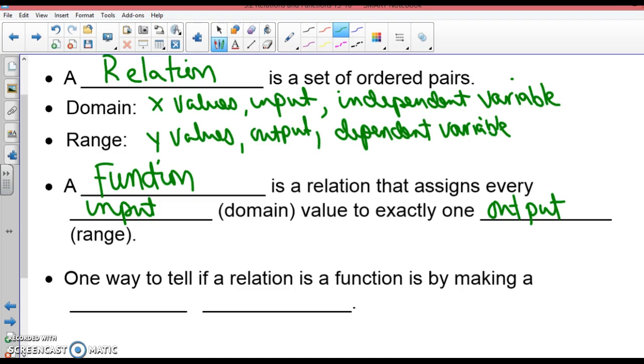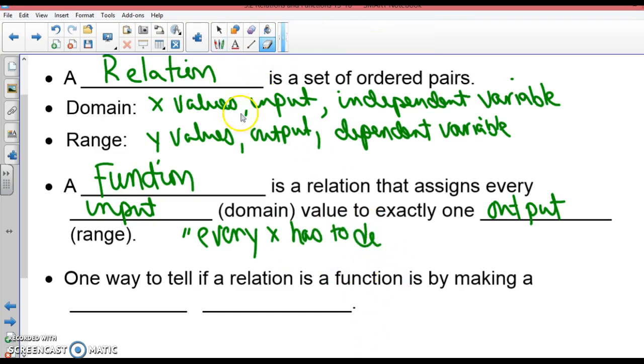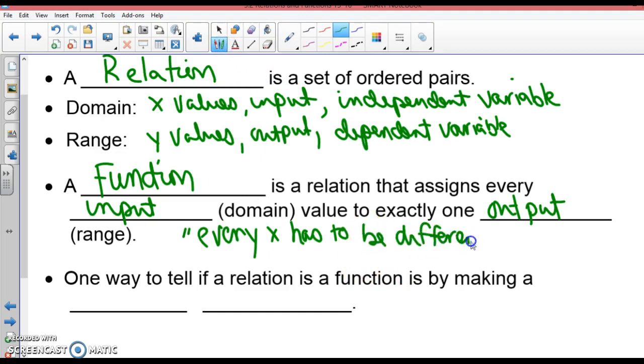I like to think of it this way. This is a Teresianism. I'm not claiming that this is the best thing ever, but it makes it easy to understand. A function, every x has to be different. Every x has to be different.